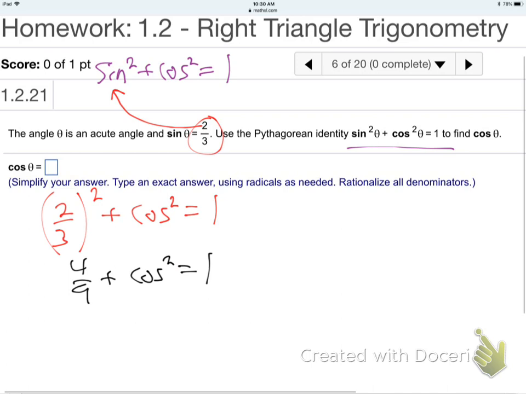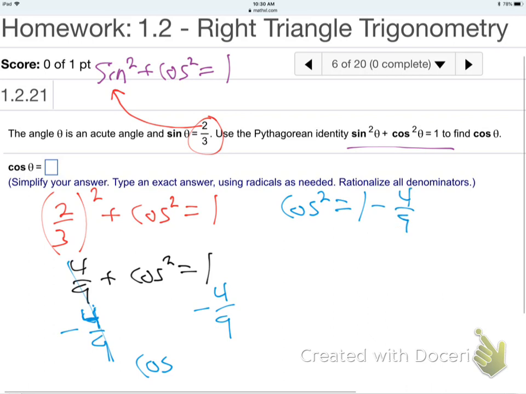Now, how do you solve for cosine? Yeah, exactly. Let's subtract the 4/9. So that'll mean cosine squared is 1 minus 4/9.